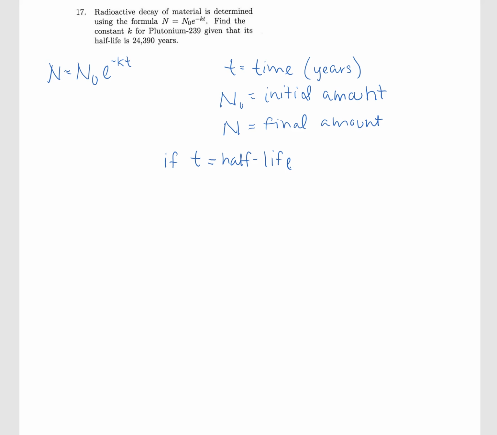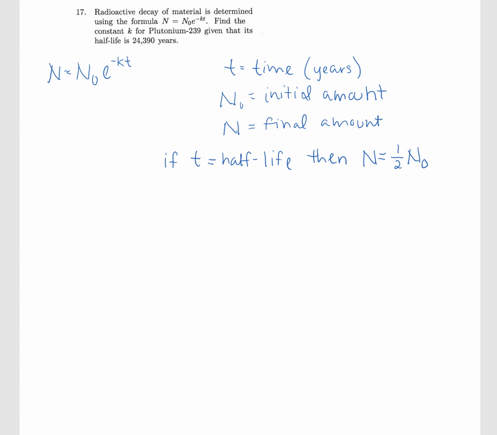So if t is equal to the half-life, then our final amount N is equal to 1/2 of N naught, our initial amount of material.